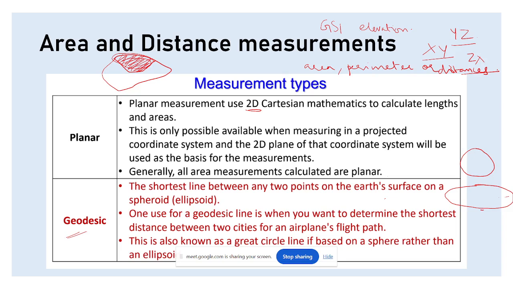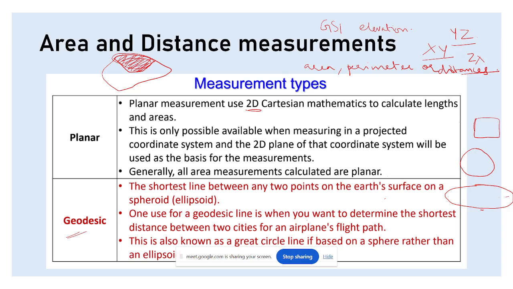considered in this case. One use for a geodesic line is when you want to determine the shortest distance between two cities for an airplane's flight path. If you have traveled in a big airplane, or even if you have seen some videos regarding that, we see certain monitors in front of the seat, especially on a long distance international, long duration travel.